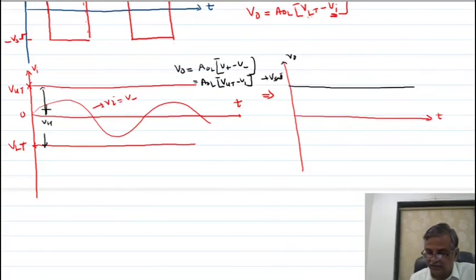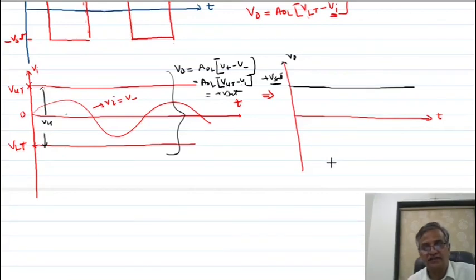The reason is that my output will always be positive V sat for this type of signal, because Vi is less than VUT, so it is plus V sat, and it never changes state from plus V sat to minus V sat. The reason is that the peak-to-peak voltage of the input signal is less than the hysteresis voltage.